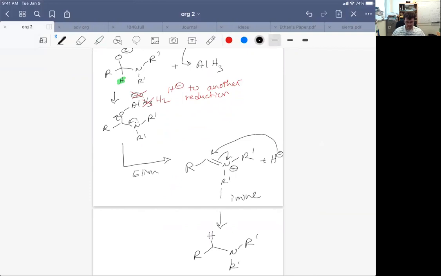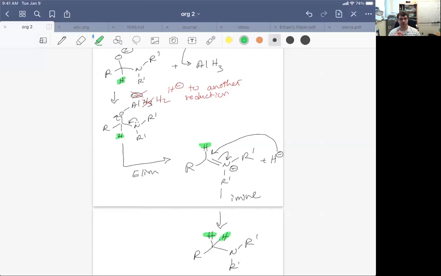So there's the next hydrogen that has added to the system. And I guess here was the first one. So we added 2 hydrogens, both of which come from the lithium aluminum hydride.